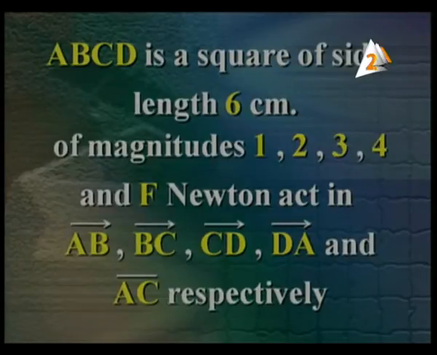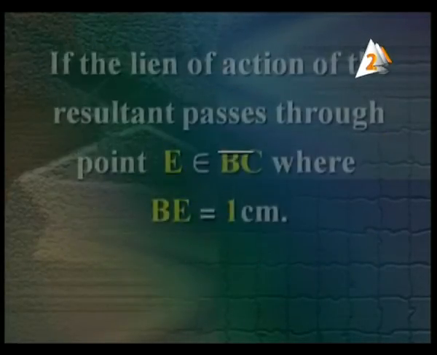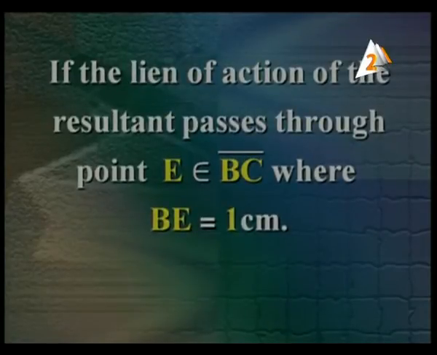Now, if the line of action of the resultant passes through the point E, which belongs to BC, where BE equals 1 centimeter, find the value of F.